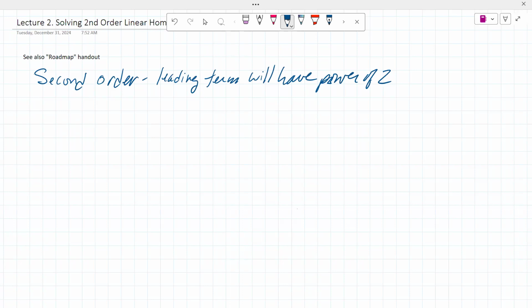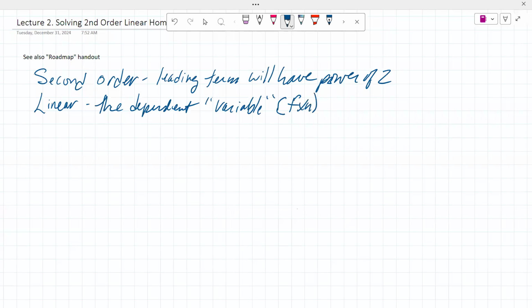All right. The next aspect of this is that they are linear. What does this mean? This means that the dependent variable, and I'm going to put variable in quotes because it's actually a function, and its derivatives are in a linear form.